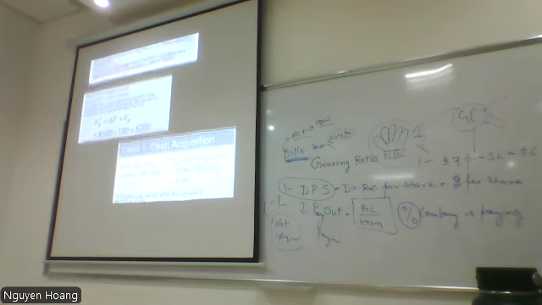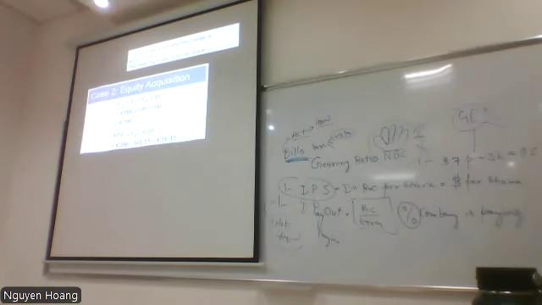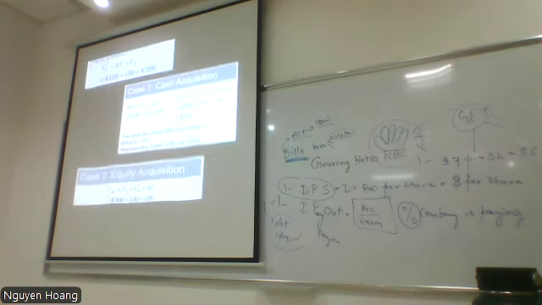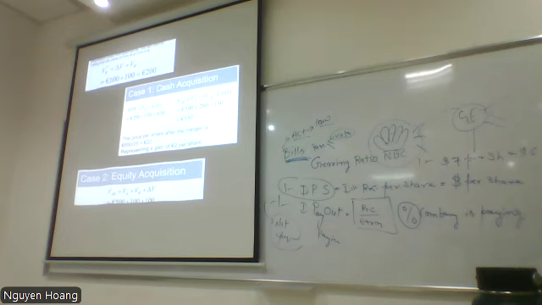But here, it's paid by share. They don't say anything about share information, so we have to calculate this number. So pay by share is 161 and pay by cash is 150.